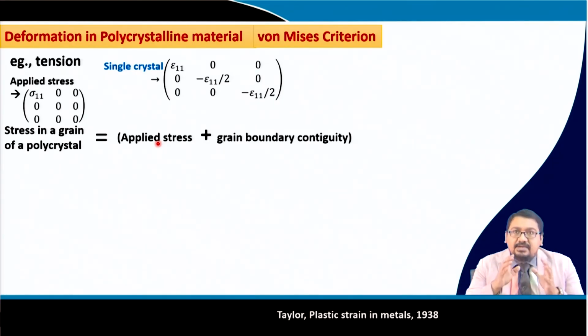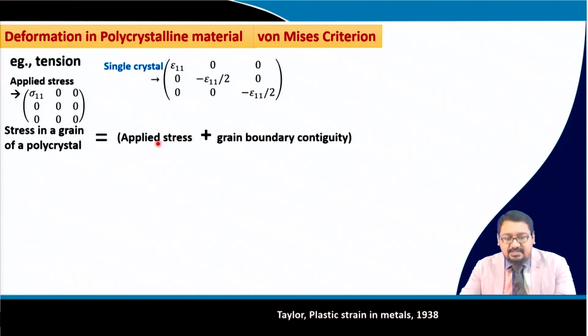While deformation of a polycrystalline material, as I said in the previous slide, the grain boundary contiguity has to be always maintained.